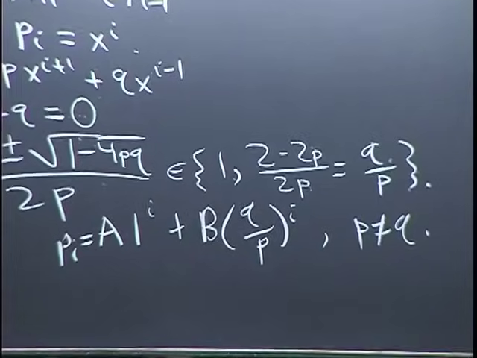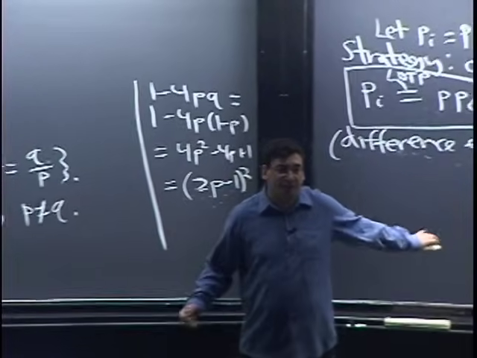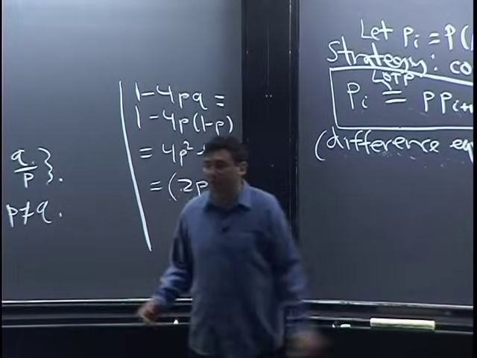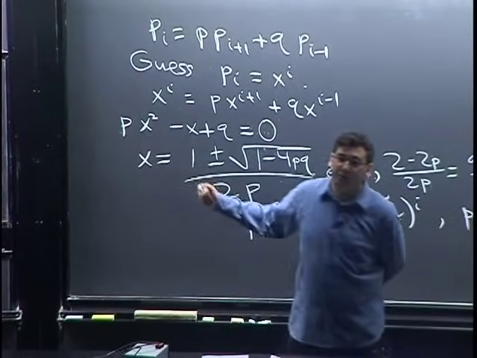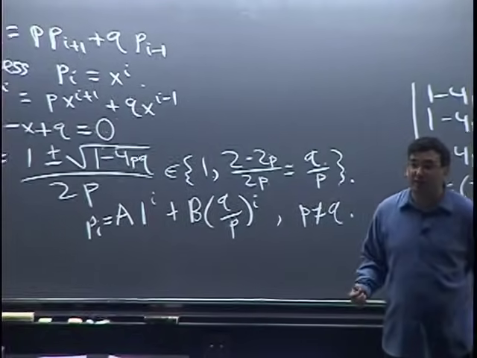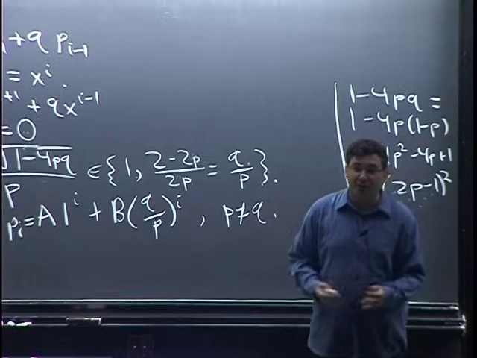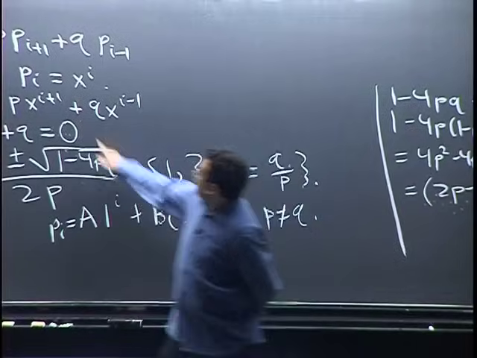I don't want to spend a whole lecture on difference equations, but this is not just for this example. In general, when you have difference equations like this, you'll get a polynomial and find the roots. If all the roots are distinct, that is, you don't have repeated roots, then the general solution you should try is a linear combination of the roots to the i.